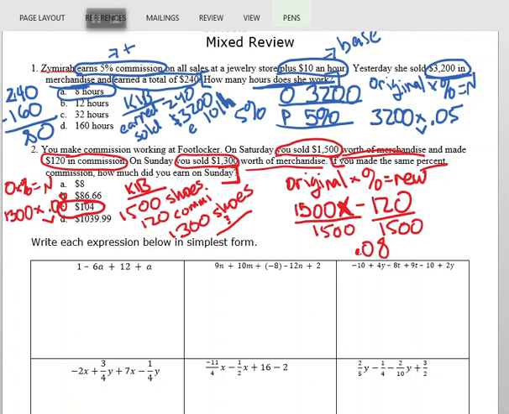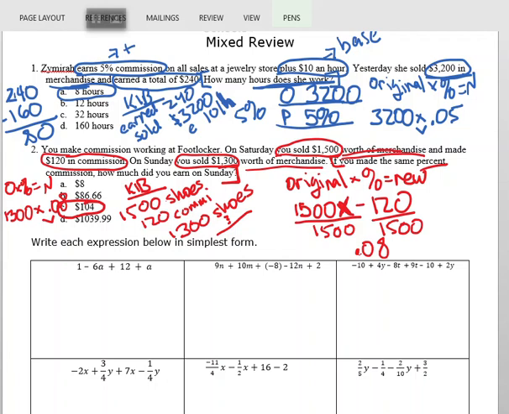So I work from the $1,500 and the 120 commission to find out that I have an 8% commission. And then I multiply that 8% times the $1,300 that I sold the next day to get 104, which is what I would make on Sunday. And it makes sense. I sold a little bit less on Sunday, so I made a little bit less on Sunday. All right.